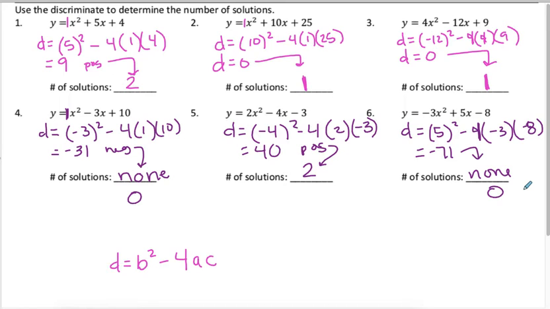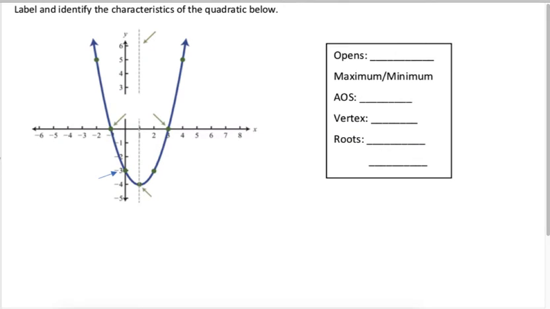There won't be any place on the x-axis that this quadratic will cross over. So we have practiced more vertex form as we were looking at our transformations. Today we're going to review going back to our standard form, which used opposite of b over 2a. That will be something we can use to identify some of these characteristics.